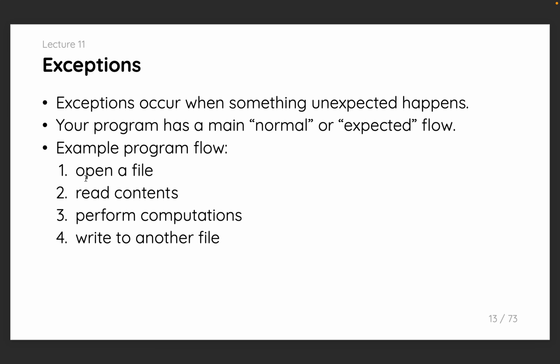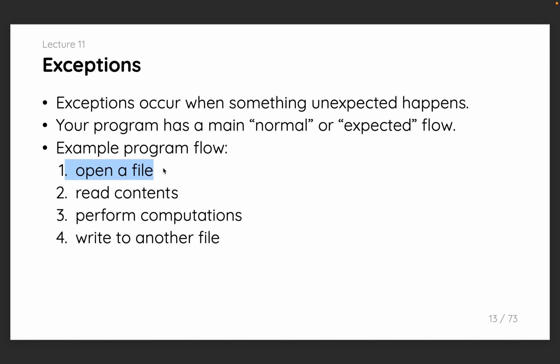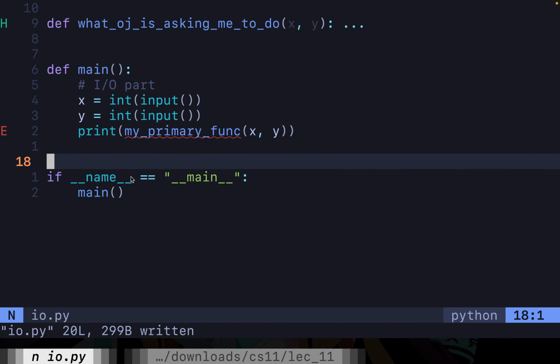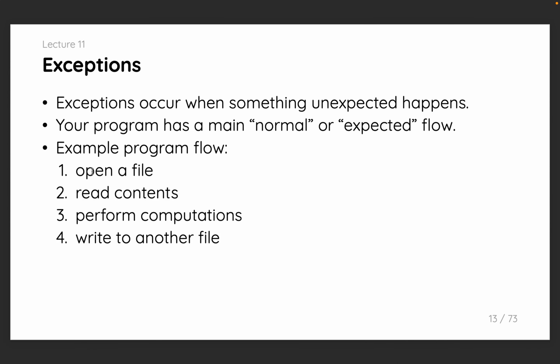So for example, you won't go over how to actually do these things yet, but one thing you can do with Python is open a file. You know what a file is from Lab Lecture 0. It's pretty much everything that we've been working with so far, like this io.py file. It opens a file, it reads the contents of that file, it does something, and it writes to another file.